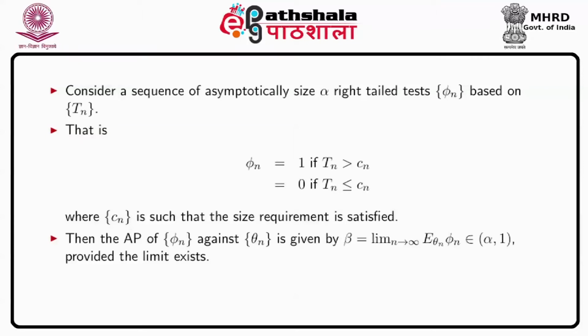Then the AP of the sequence phi_n against the sequence theta_n is given by beta equal to the limit as n tends to infinity of the expected value of phi_n under theta_n, which belongs to the open interval (alpha, 1), provided the limit exists. Now we assume some further regularity conditions.